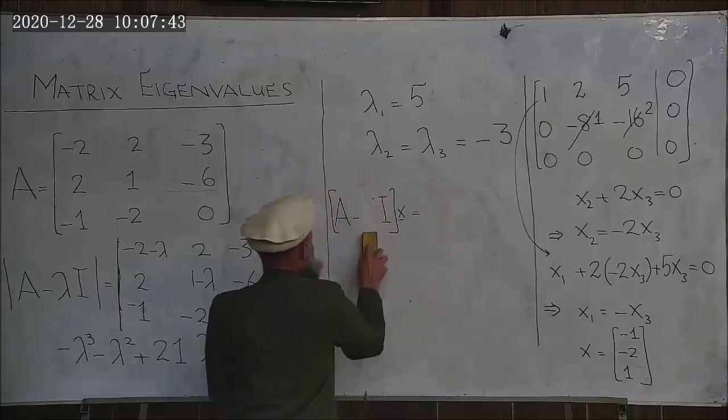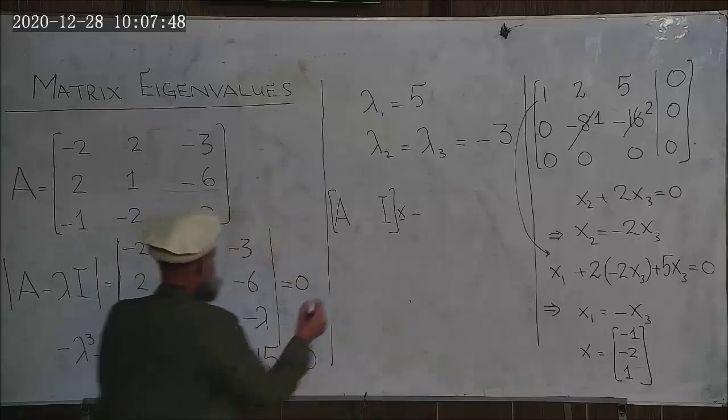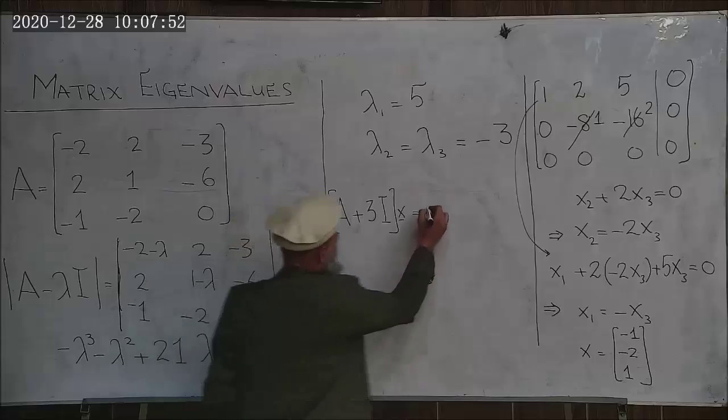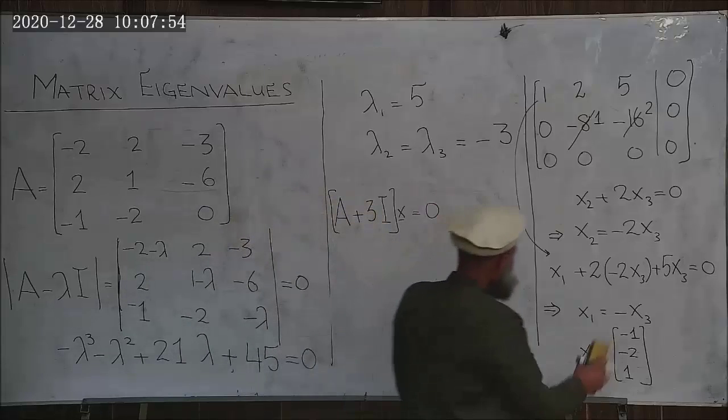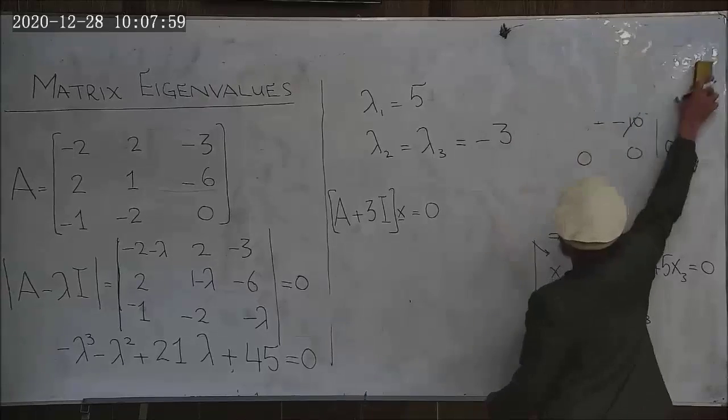We solve this system of equations, A plus 3I times x equal to 0. You all know how to solve it.